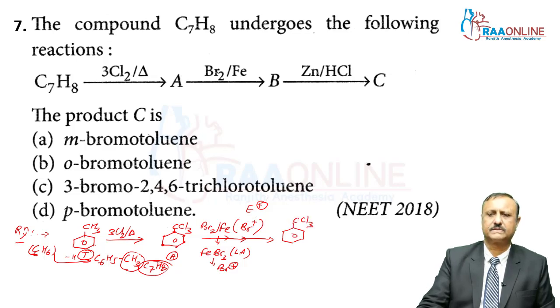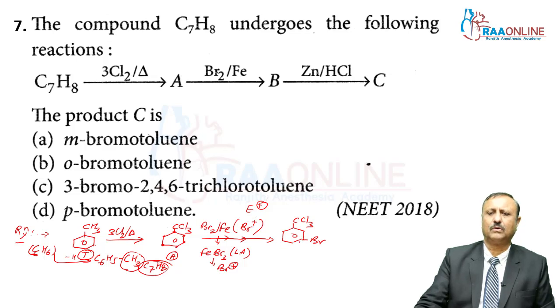Now, my dear students, the CCl3 inductive effect occurs. So you can see here that Br is attached at the meta position. Why? Because CCl3 is a meta directing group. So bromo is present at the meta position.